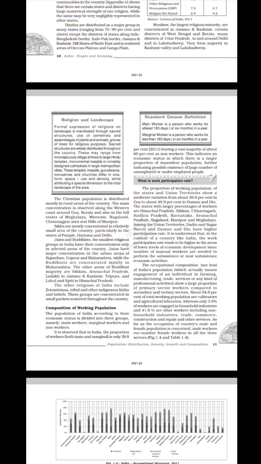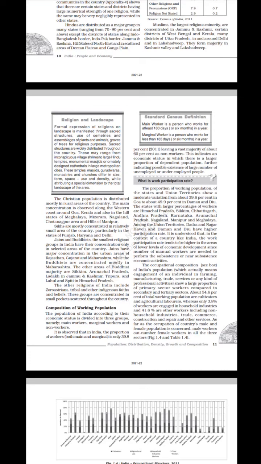This indicates an economic status in which there is a larger proportion of dependent population, further indicating possible existence of a large number of unemployed or underemployed people. Standard census definition: a main worker is a person who works for at least 183 days or 6 months in a year. A marginal worker is a person who works for less than 183 days or 6 months in a year.